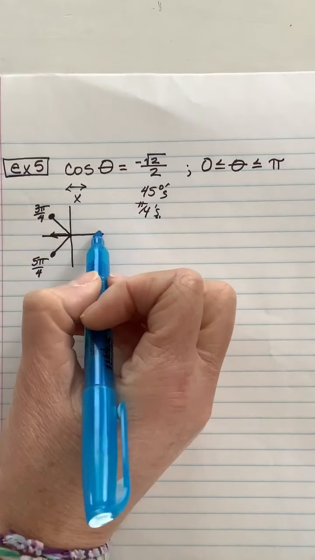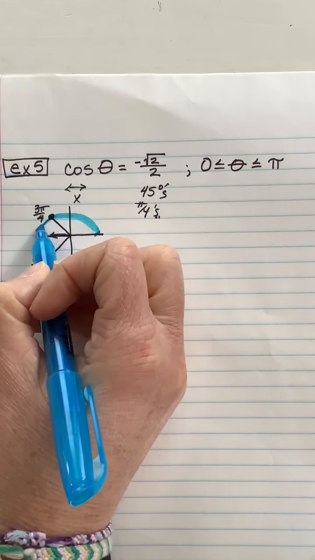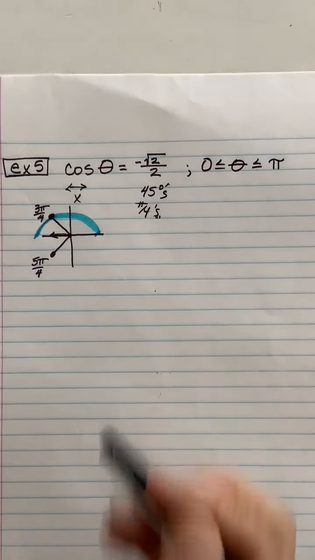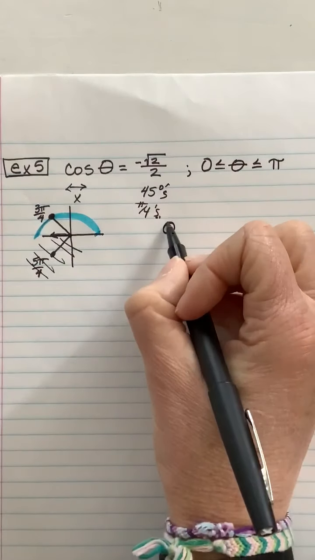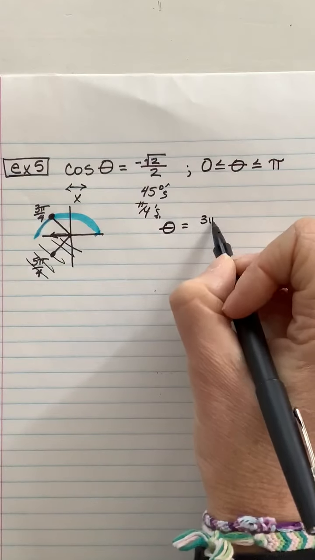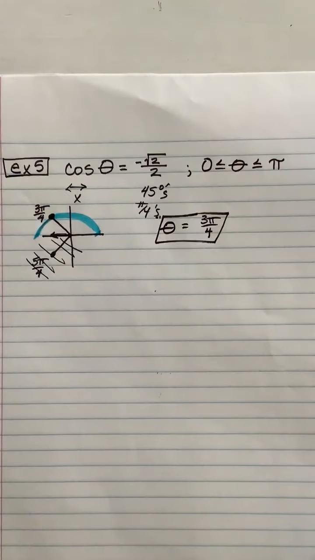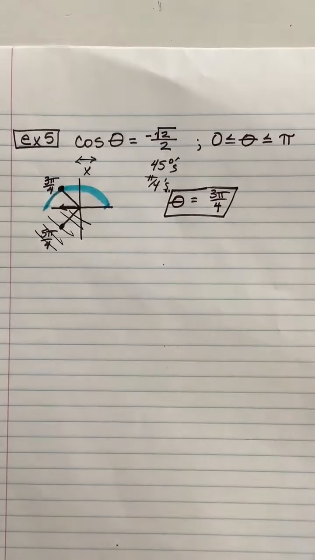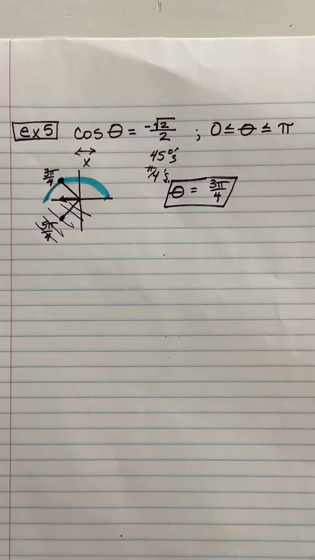We can only travel on the unit circle from 0 to pi, which means that the only value that lies within this domain is theta equal to 3 pi over 4. That's it. 5 pi over 4 is outside of our restricted domain. So be careful about that limited domain. Make sure that you see where you're going to be able to live.